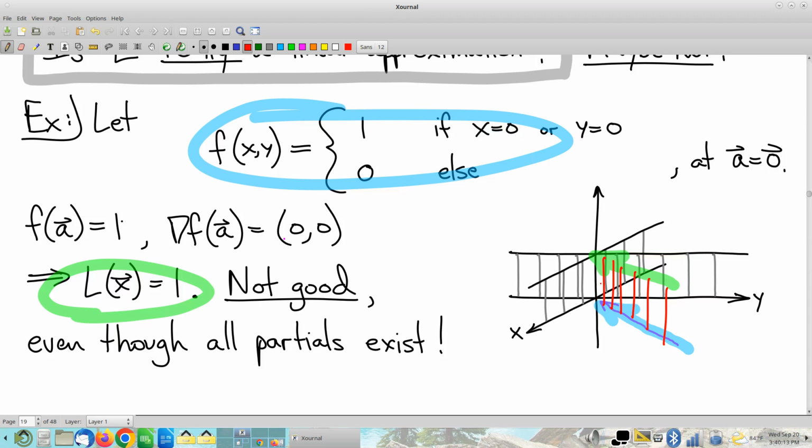No, I hear you. But in every example in single variable calculus where you have what you might reasonably call a good linear approximation, the closer you get, the error gets less. Nice and small, right? And this is not doing that. But I claim it's even worse than that. We'll get to that in a second.